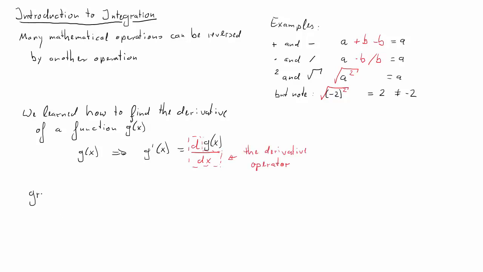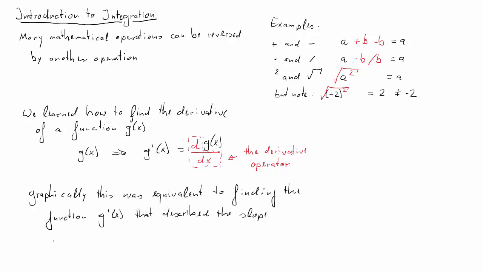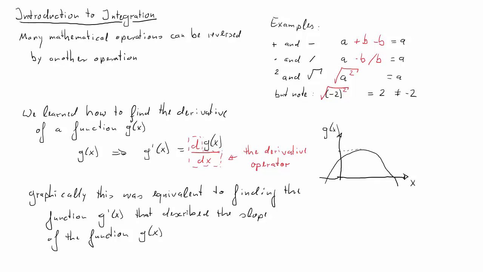Graphically, this was the equivalent of finding the function g prime of x that described the slope of the function g of x. So let's just sketch a little graph just to remind yourself. I of course assume that if you want to know about integration, you possibly know about derivatives. If you don't, that is where you need to go first. So let's consider a function g of x, and we sketch that here, let's say has a maximum of 2, and finding the derivative, you can do that graphically.